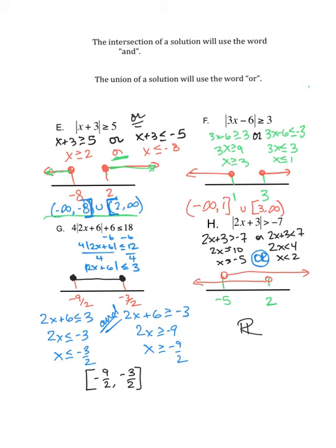That's mathematically. Now, logically, let's go back to the original equation that said the absolute value of 2x plus 3 is greater than -7. The left side of this inequality, no matter what value you put in for x, will always be positive. The right side of the inequality will always be negative.